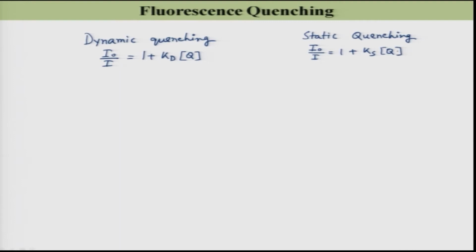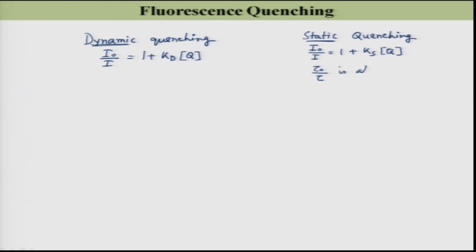I was discussing that the nature of the I 0 by I plots for dynamic and static quenching is exactly the same. However, in static quenching, if you plot tau 0 by tau, you will not get any dependence.